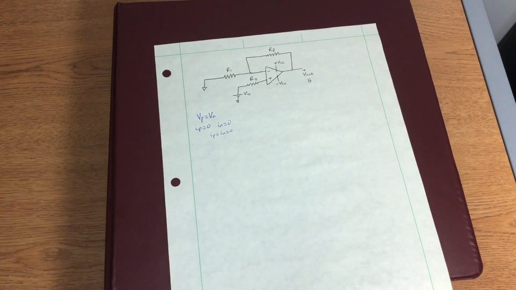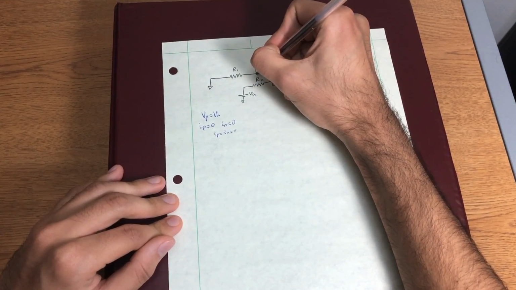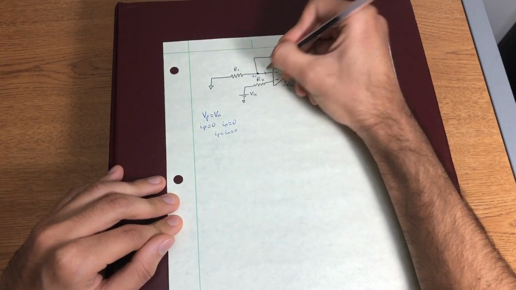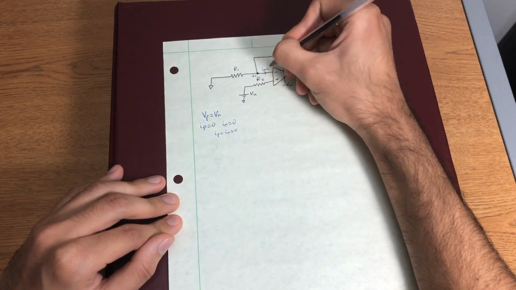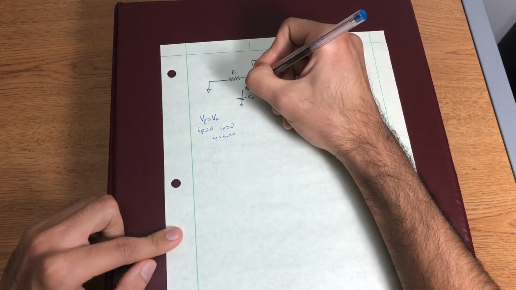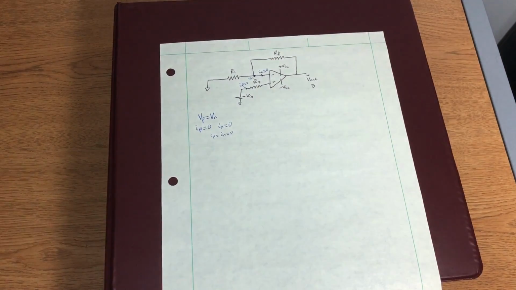It's the same thing. So now let's label these on our diagram. We know this right here is our node Vn, and we know In is equal to 0. And we also know that this is our Ip, which has to equal 0.